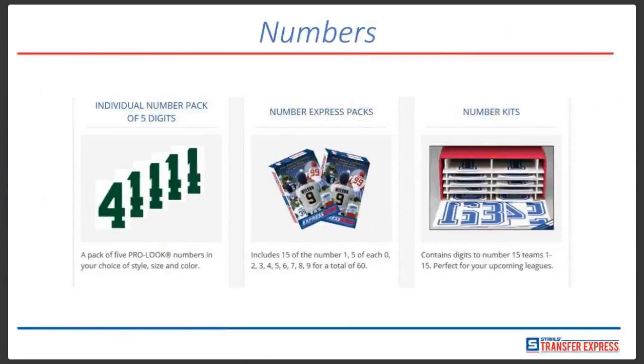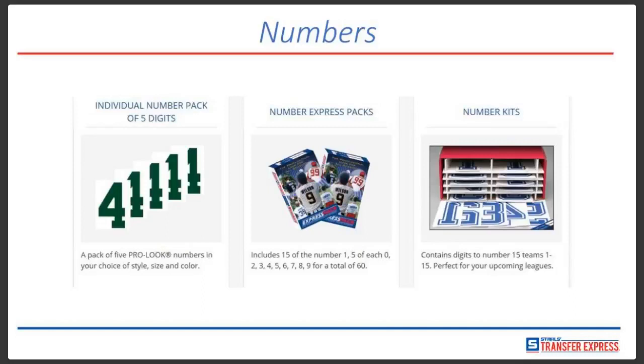So we have a couple different options. We do sell numbers in individual packs of 5 digits. We have number express packs that will actually include 15 of the number 1, 5, and each 0, 2, 3, 4, 5, 6, 7, 8, 9 for a total of 60 digits.